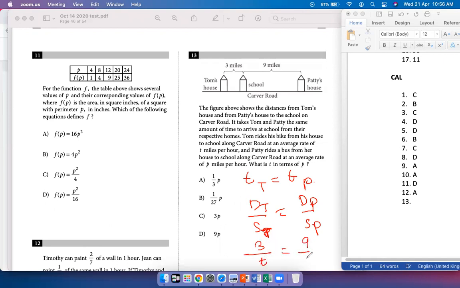Distance for Patty is 9 and speed for Patty is p miles per hour. So 3 cancels with this, so I can say 3t is p. So t will be p/3, which is option A. Okay, so question 13 is A.